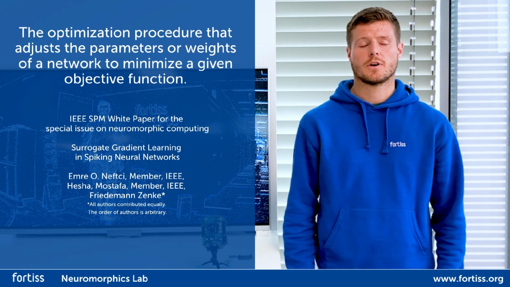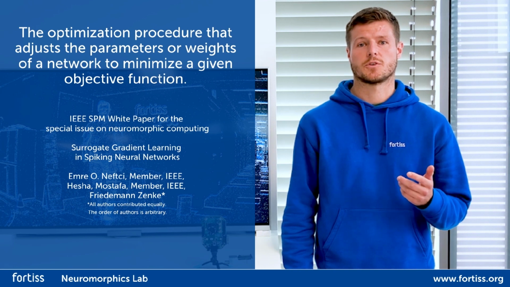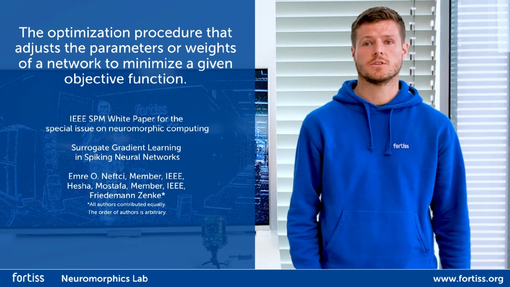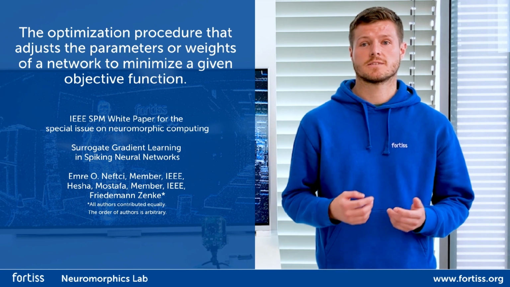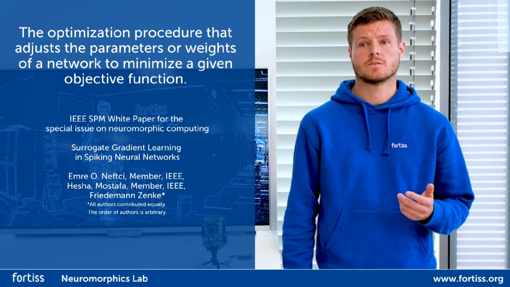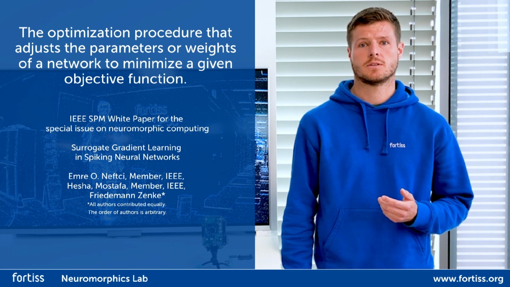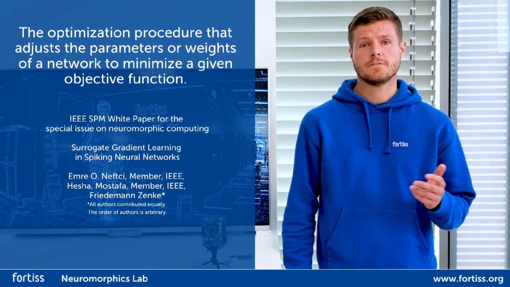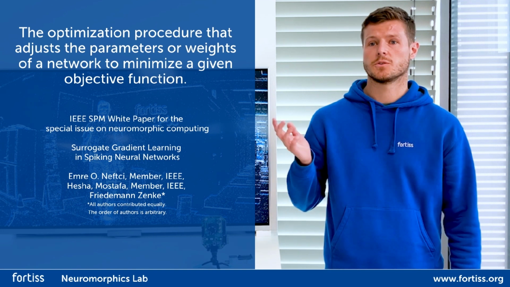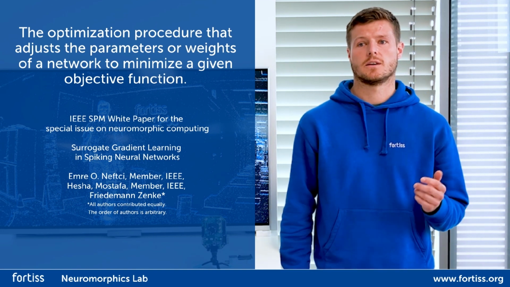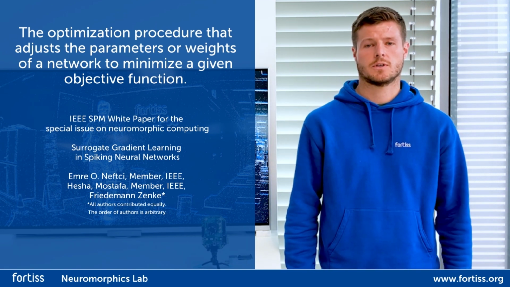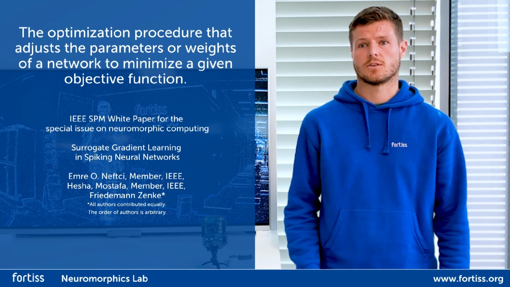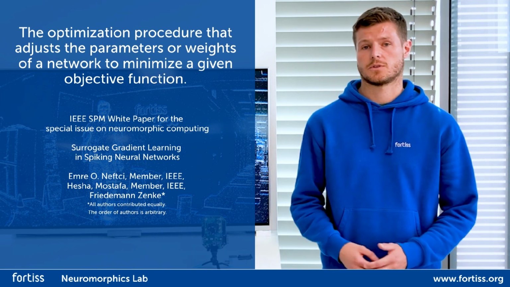Therefore, a common definition of training or learning is the optimization procedure that adjusts the parameters or weights or network parameters to minimize a given objective function. Neftci and Zenke also use this definition of training a neural network in their important work on surrogate gradient learning in spiking neural networks.